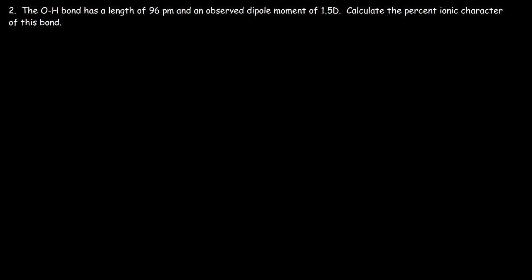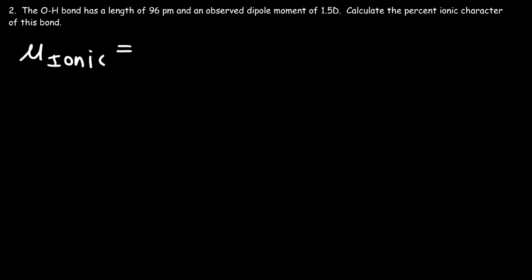So we have an OH bond, and we're given the length of the bond, and it's 96 picometers. And we're also given the observed or the experimental dipole moment, and it's 1.5 debye. Calculate the percent ionic character of this bond. So let's begin by calculating the dipole moment if the atoms in the OH bond were 100% ionic.